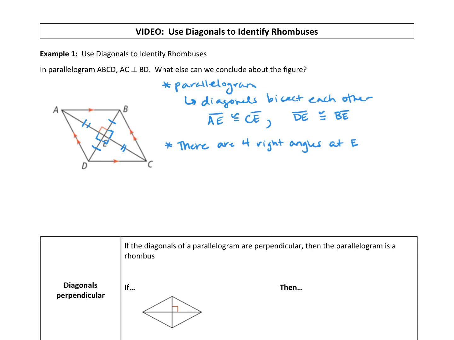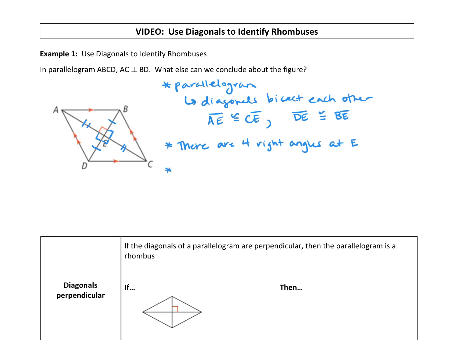If we look at the congruencies we just marked, if we focus on, let's just say this top triangle, AEB, we have 2 sides marked congruent with the included angle at 90 degrees. If we look at all the other triangles, we have the same 2 sides congruent with that 90 degrees in the middle, same 2 sides, 90 degrees. So this is a side angle side congruency.